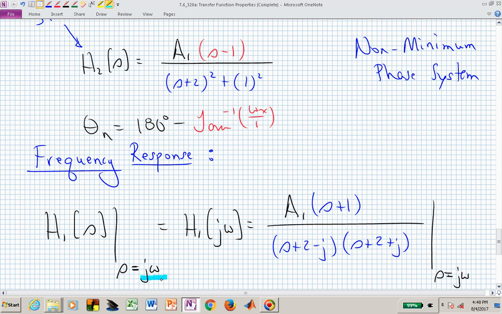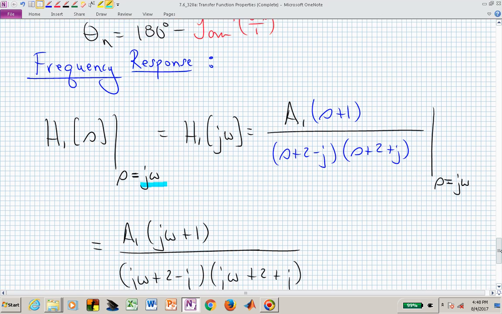This is now walking up as we vary omega from 0 to infinity. We're looking at H1(j omega), or everywhere we had an s in the transfer function H1, we replace that s with j omega.